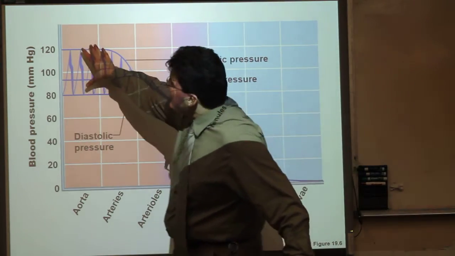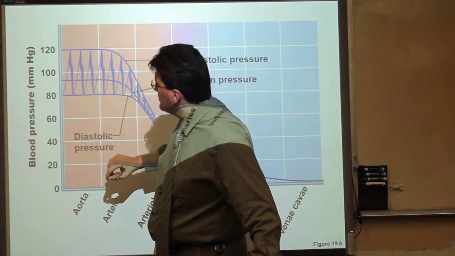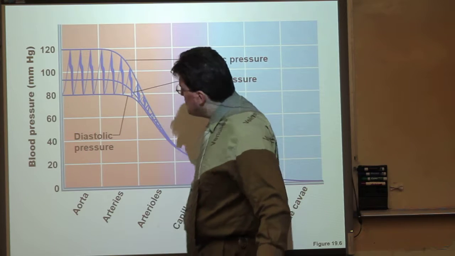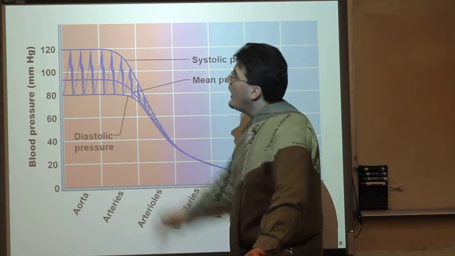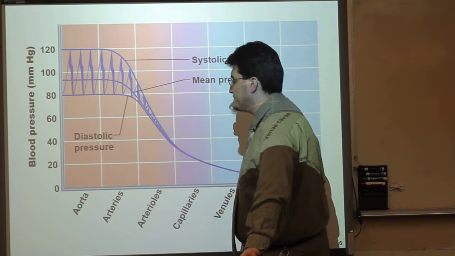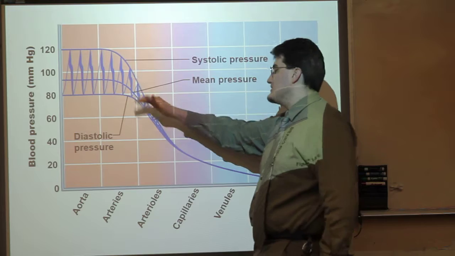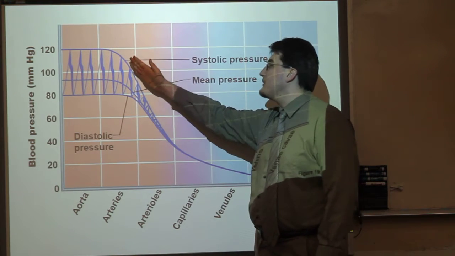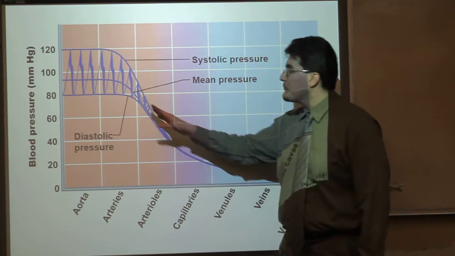Now, in the aorta, you'll have peak systolic pressure and lowest diastolic pressure of about 120 over 80. And then in your farther arteries, the farther along you go, your systolic pressure is going to decline, but not as quickly as your diastolic pressure.